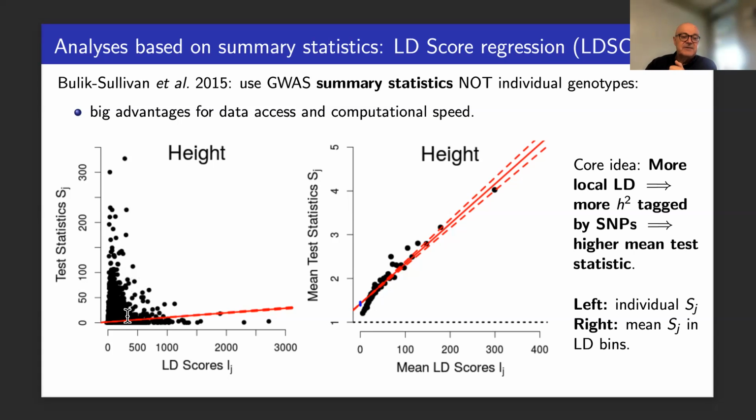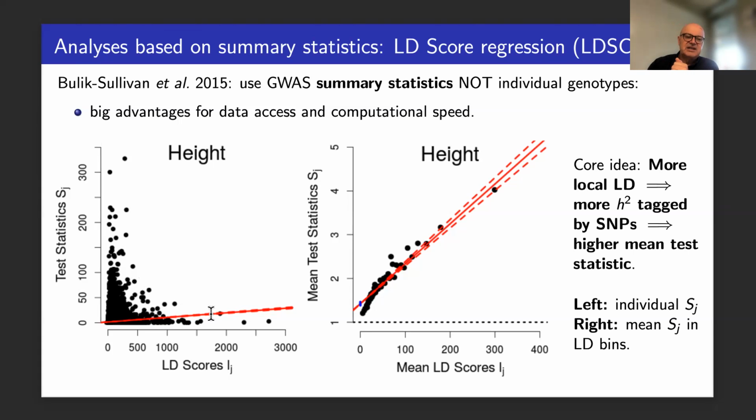The basic idea is that the more LD there is, the more causal effect that's being tagged, and therefore the greater the mean value of the test statistic over the genome. That's why this line has a positive slope, and the slope is related to heritability.